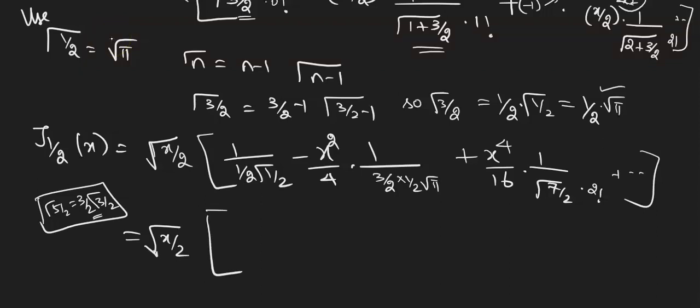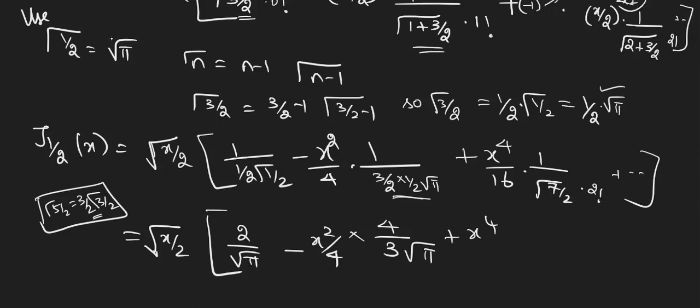So this is root pi and 2 will come to the numerator, 2 by root pi, minus x square by 4 into 4 by 3 into root pi, plus x power 4 by 16 into 8 by 15 into root pi into 2, plus and so on.